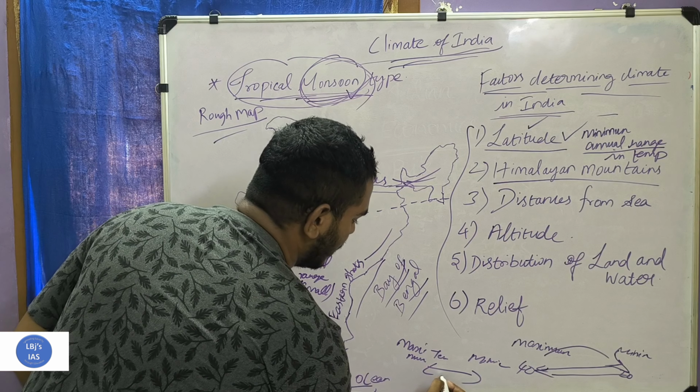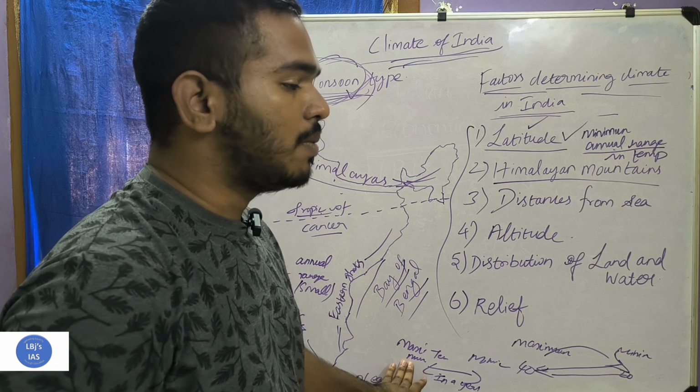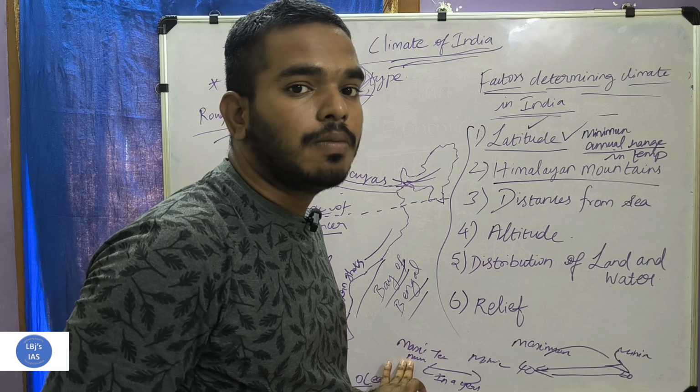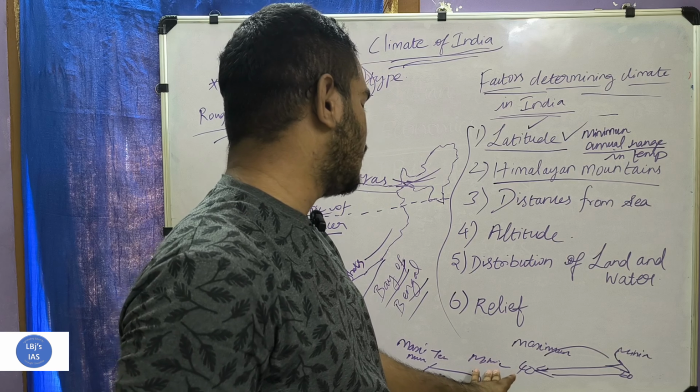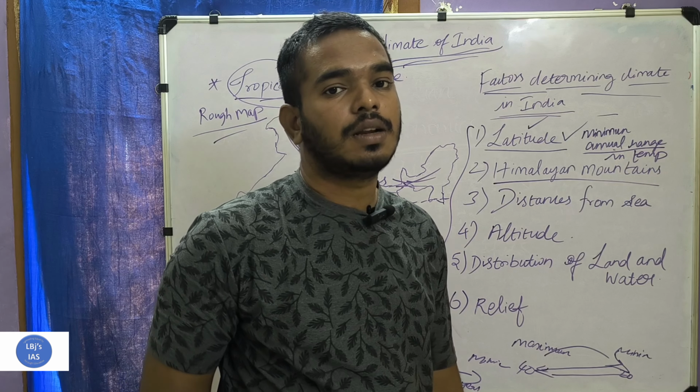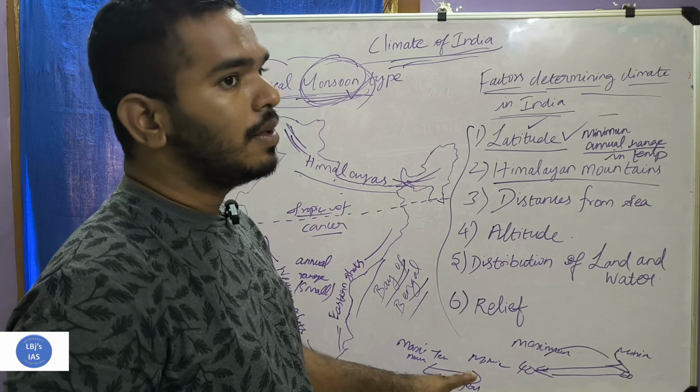The maximum temperature indicates the maximum temperature that the region receives in a year, and the minimum temperature indicates the minimum temperature that the region receives in a year. So this range will be less.